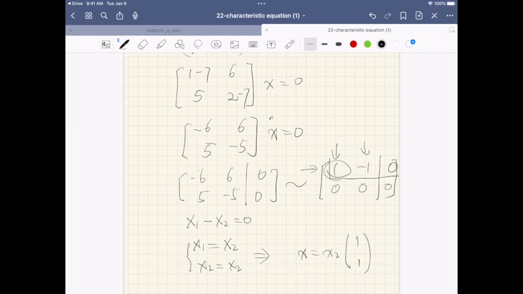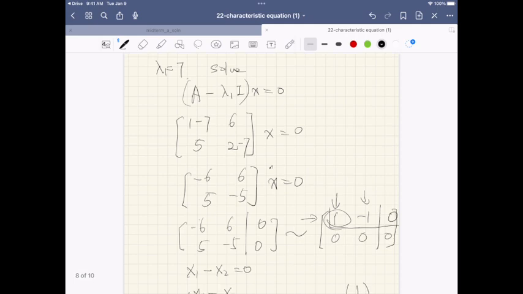Then what is the eigenspace? When we have this PBF form, the eigenspace of lambda 1 equals 7 is going to be the span of the vector given in the PBF form.